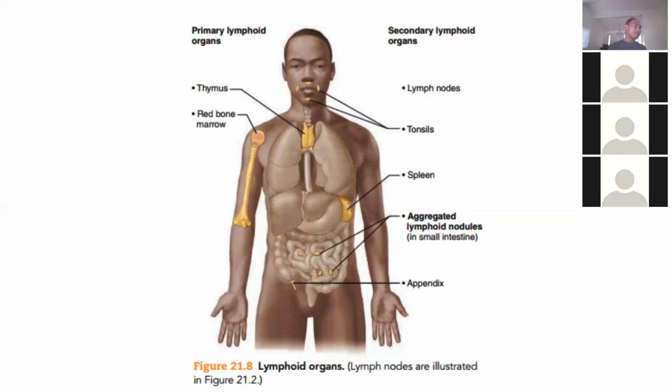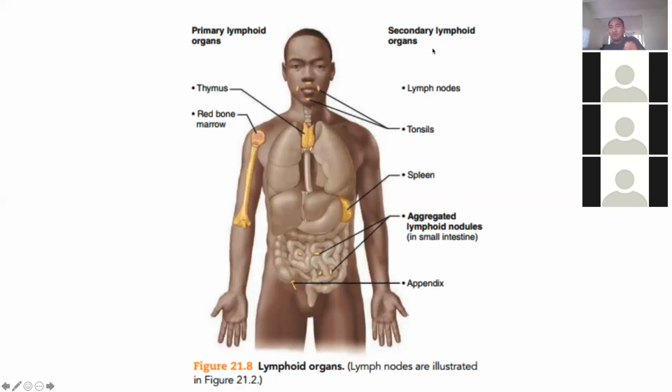The thymus, T lymphocytes have to go to the thymus gland for education. Therefore, the thymus gland is important for T lymphocytes to mature, and therefore it is included in the primary lymphoid organs. In the bone marrow, B lymphocytes will mature and be educated. Therefore, bone marrow is a primary lymphoid organ.